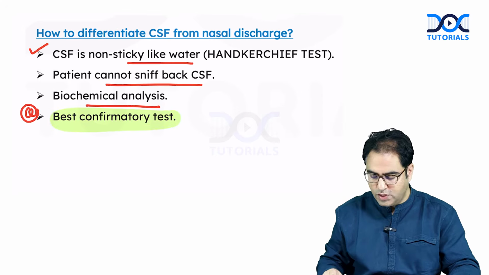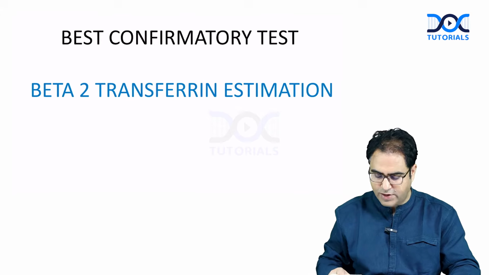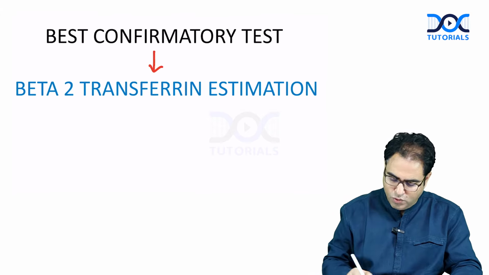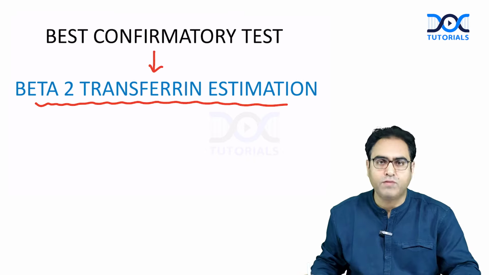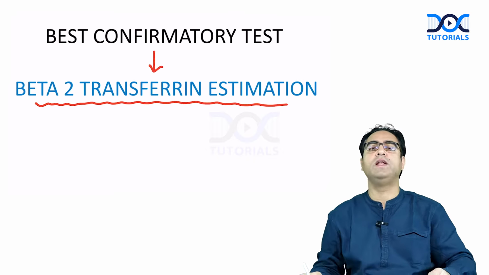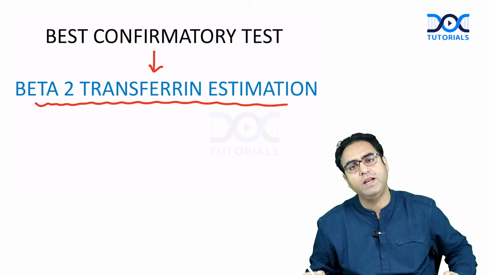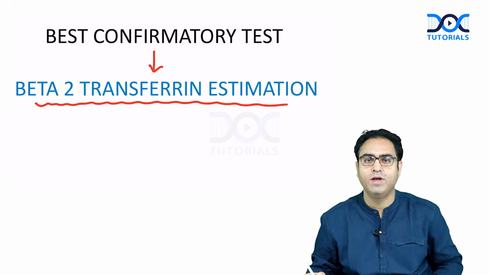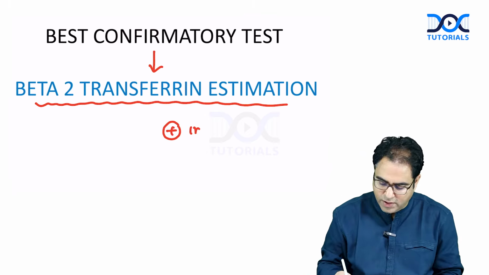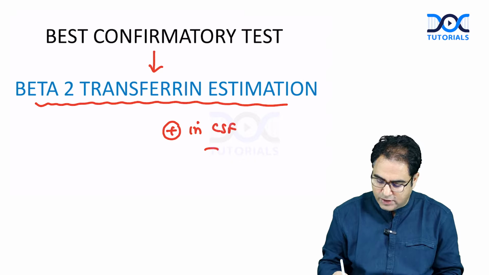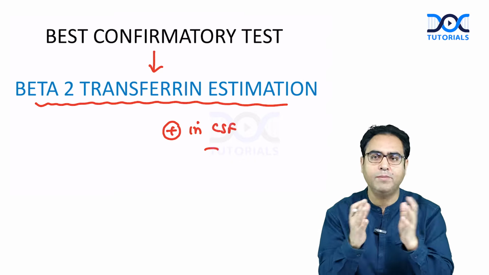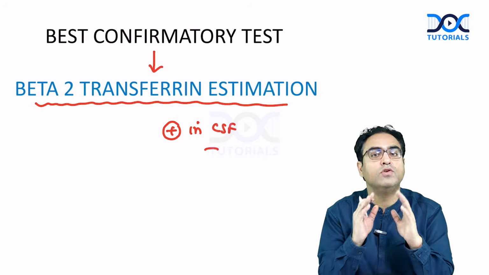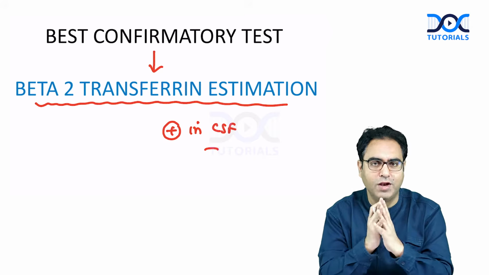The most confirmatory test for CSF rhinorrhea is beta-2 transferrin estimation. This protein is found in the CSF but not found in the nasal discharge, and this will solve the controversy between you and me. And when the report came, the beta-2 transferrin was positive. So you were correct. Yes, it was CSF only.